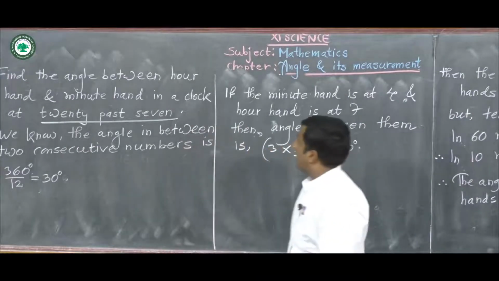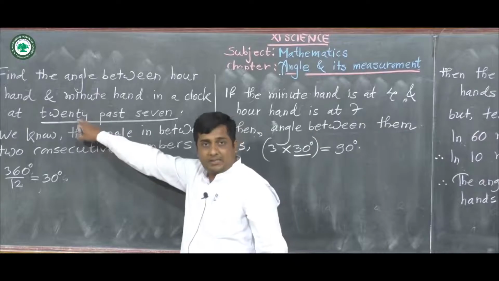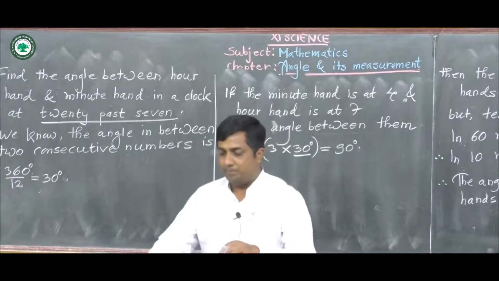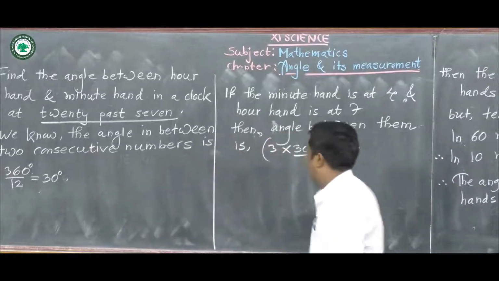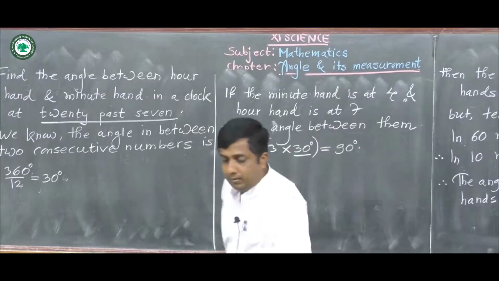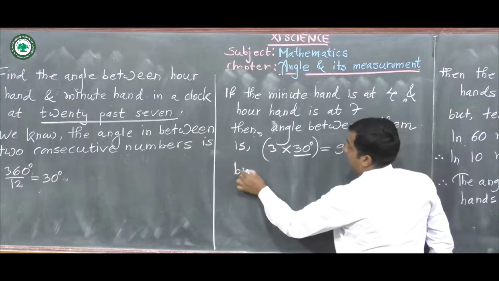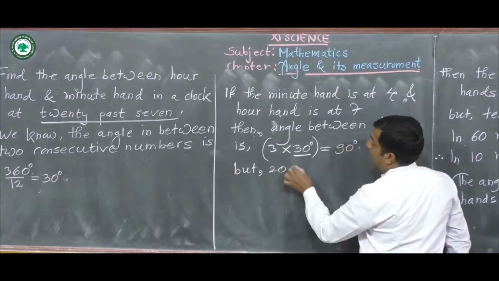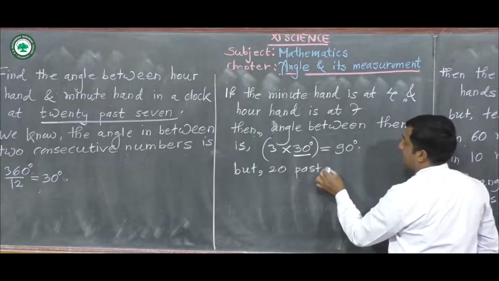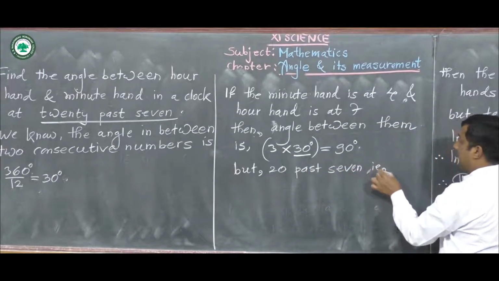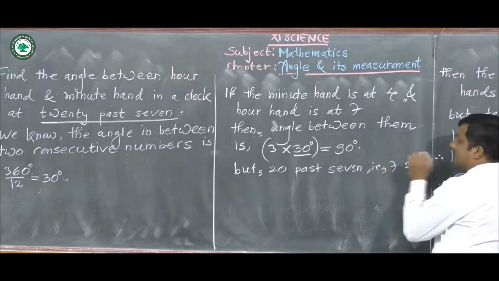Okay, then for the time 20 minutes, we have to find the angle. The time given is 20 past 7, that is 7:20.